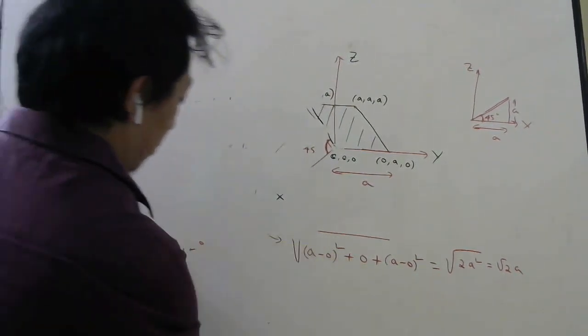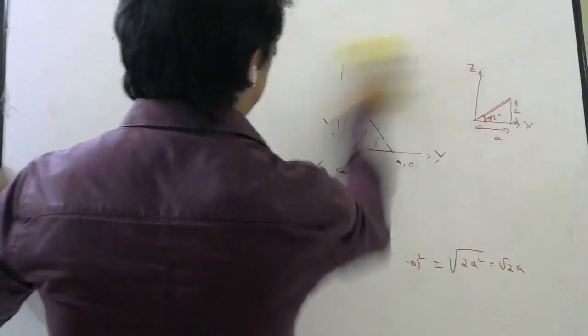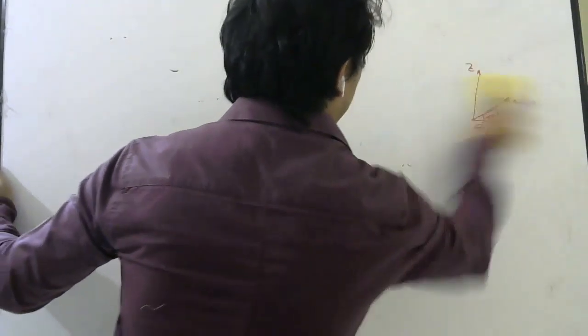Let us now see question number 5. Question number 5 says, consider two concentric spheres S1 and S2 enclosing charges 2q and 4q.